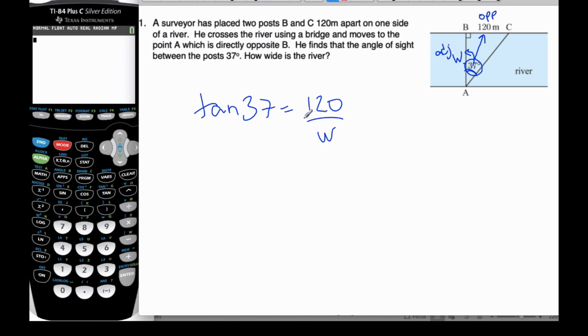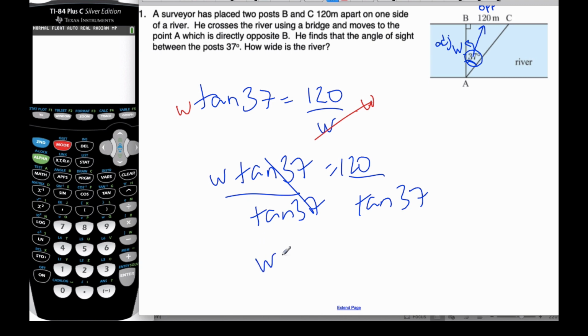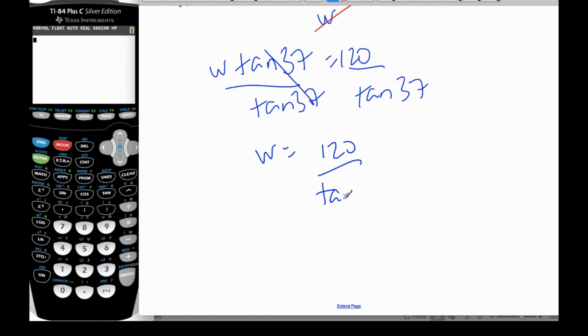And so if I'm going to solve for W, I multiply both sides by W. That will cancel it. And so I have W tangent 37 is equal to 120, dividing both sides by tangent 37. That cancels, and I can see that W will be 120 over the tangent of 37.